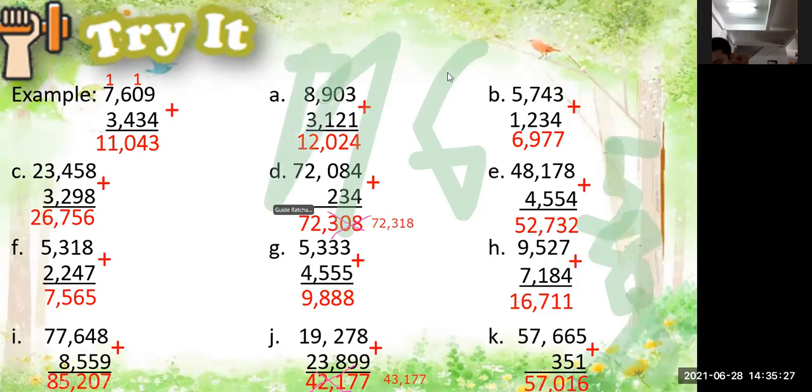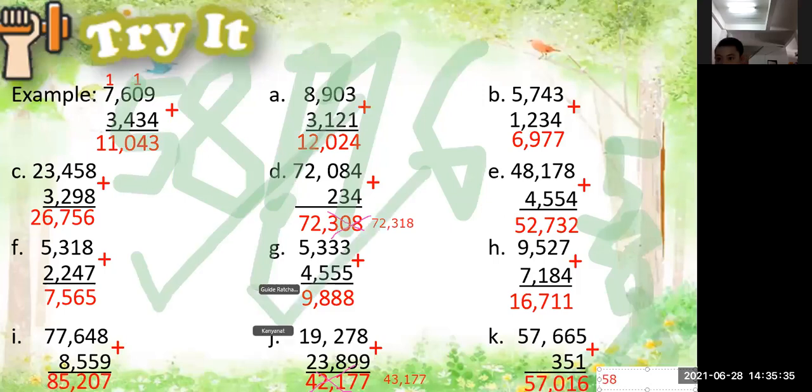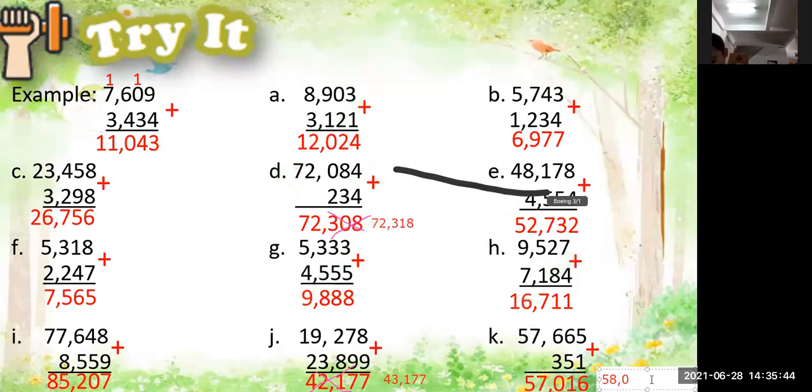Okay, 58,000 and 16. So letter K, the answer that I put there is wrong.